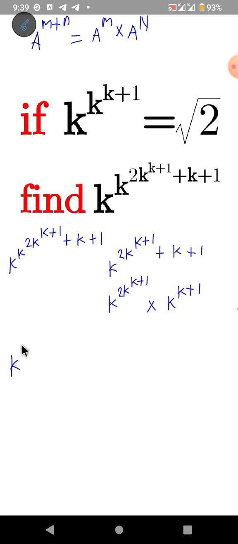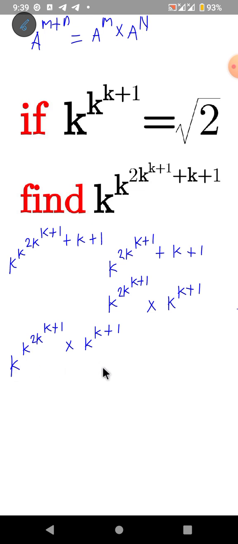So here will now become k raised to the power of 2k raised to the power of k plus 1. Then multiplied, now this multiplication sign, k raised to the power of k plus 1. So this whole expression here now, I'll put it back on top of its base.